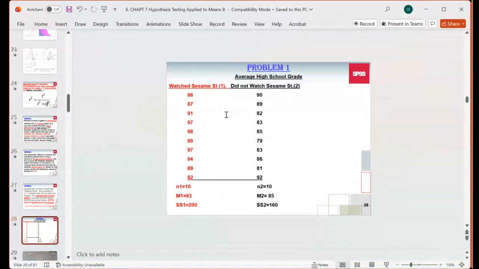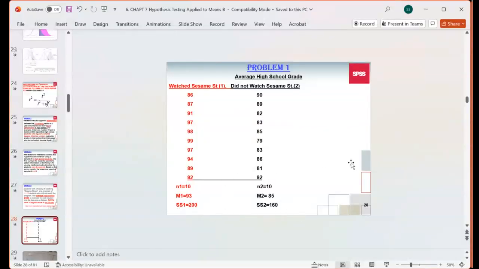As you can see, we compared their exams. The red are the ones who watched Sesame Street, and the blacks are those who didn't. You can see that red's mean is higher, 8 points to be exact, than the black, M1 and M2. Again, there are 10 people, N1 and N2, and SS is also calculated for each.